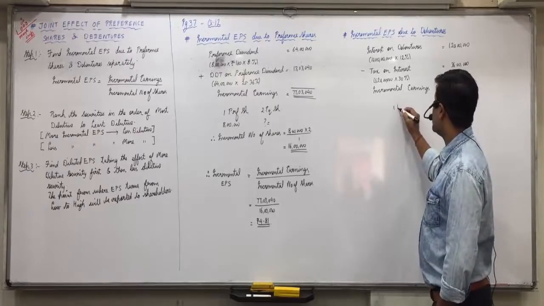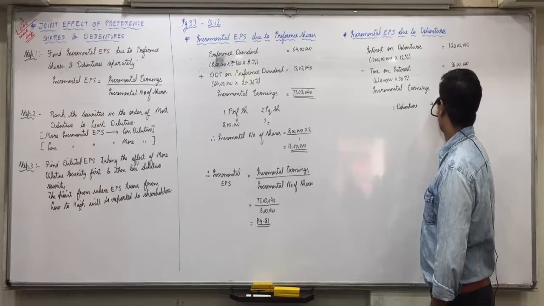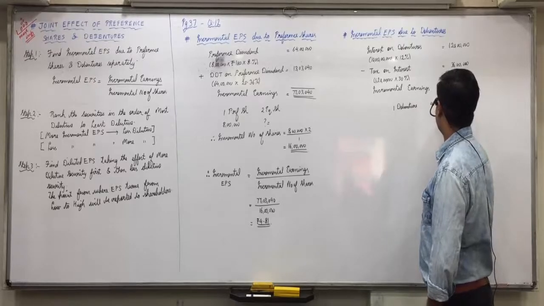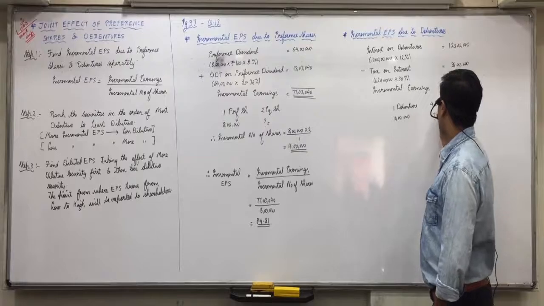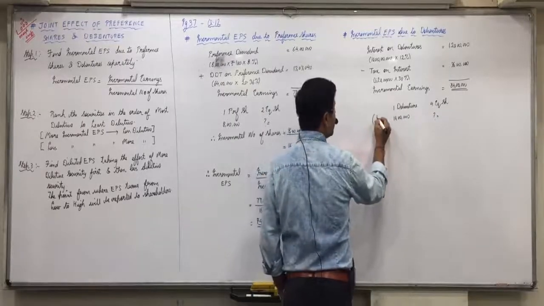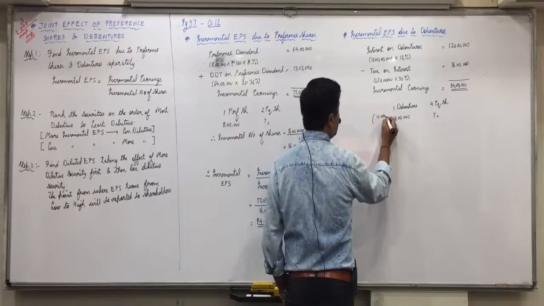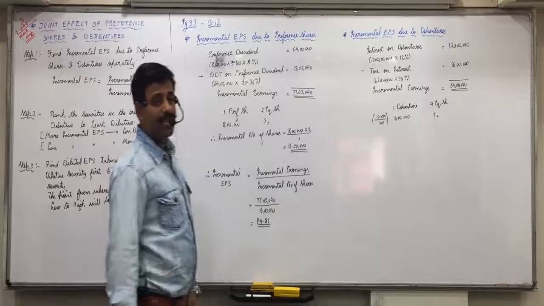One debenture will be converted into 4 equity shares. So 10 lakh debentures, how did we get 10 lakhs? 10 crore divided by 100. The number of debentures is 10 lakhs.